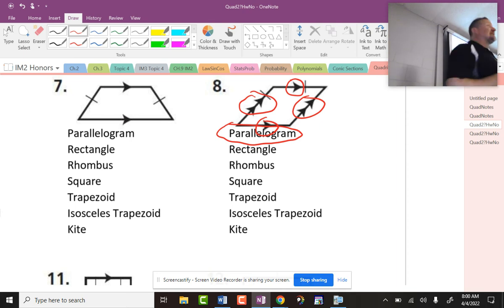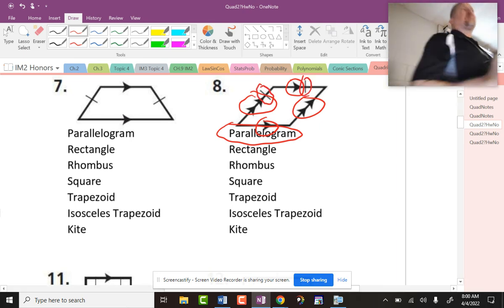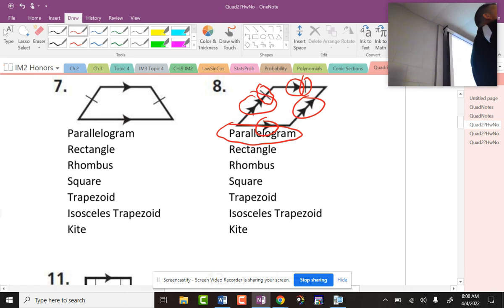Is it a rhombus? Ooh, so here's the thing. If this is equal, there's something I'm kind of short on this, but we're gonna make assumptions here. These two sides are equal, and then we have this parallel thing going on here. Then it's nearly impossible that these... I mean, it's already a parallelogram, so we know opposite sides are equal as well.